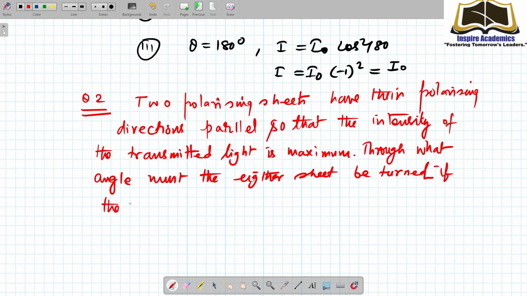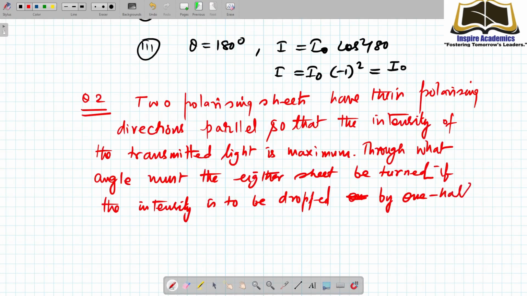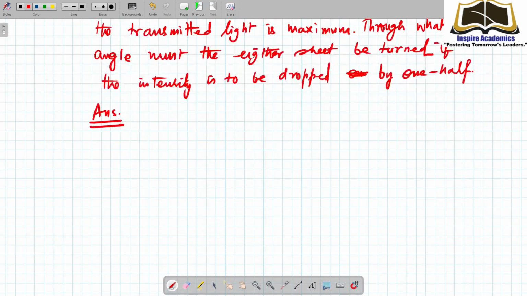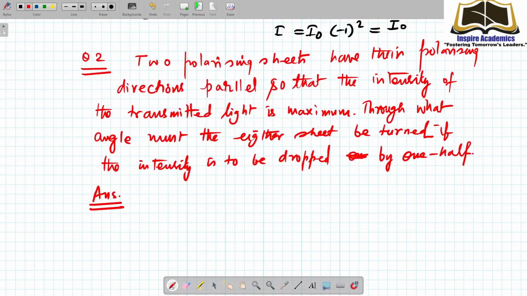Do it. Tell me how we should initiate. Two polarizing sheets have their polarizing directions parallel, so that the intensity of the transmitted light is maximum.